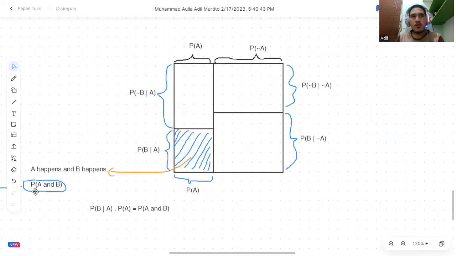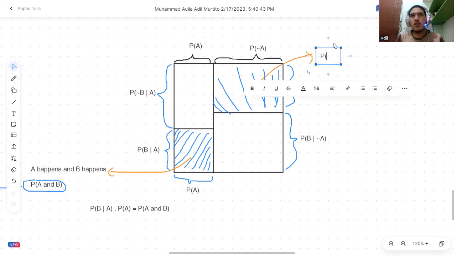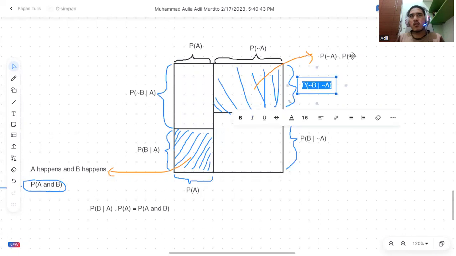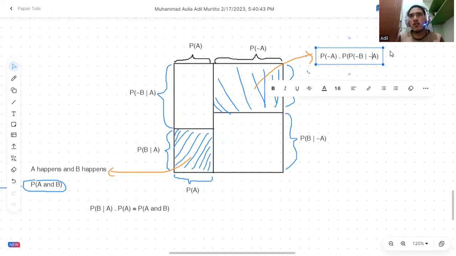The same principle also applies for other areas, like for this one. It means that P(negation A) times P(B given negation A) is equal to P(negation A and B).